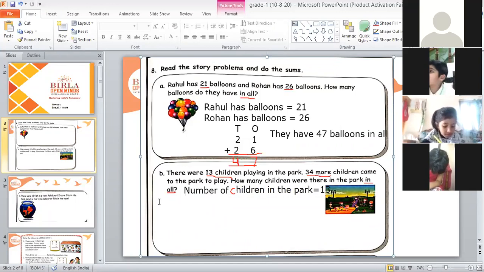Okay, so this is number of children in the park equal to 13.